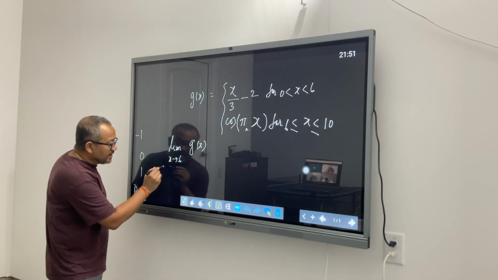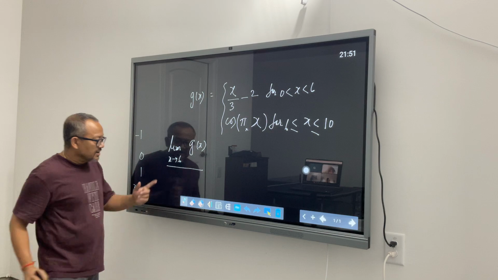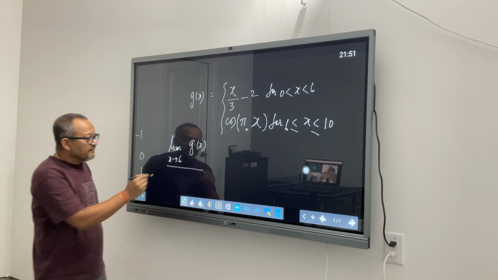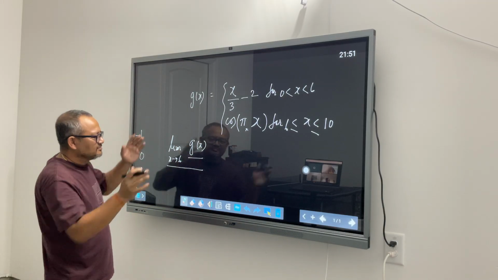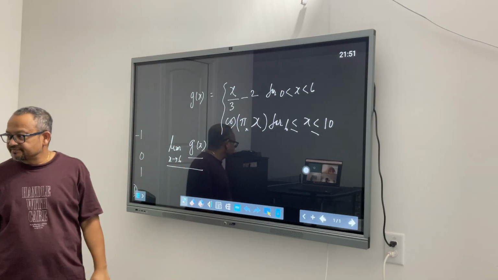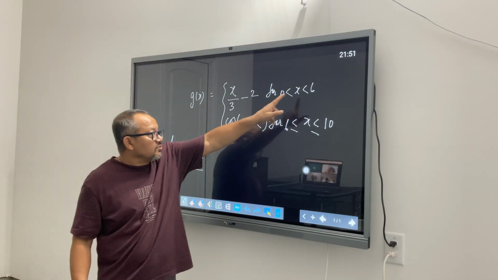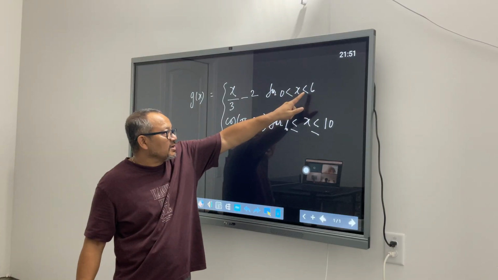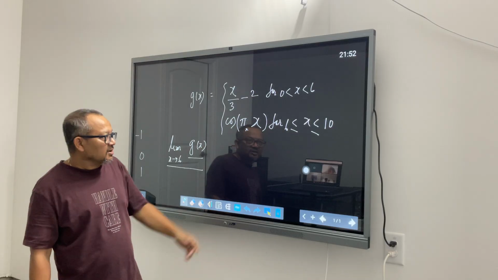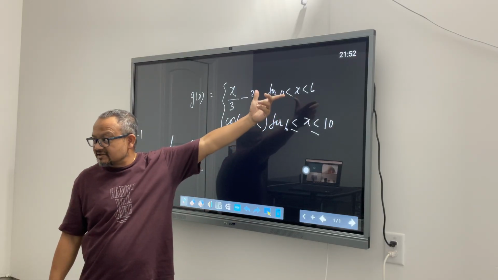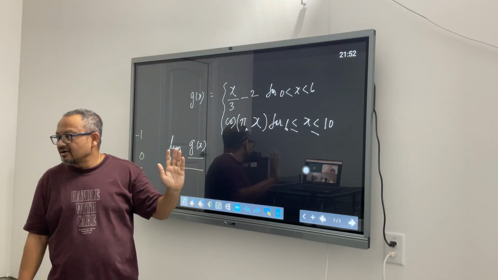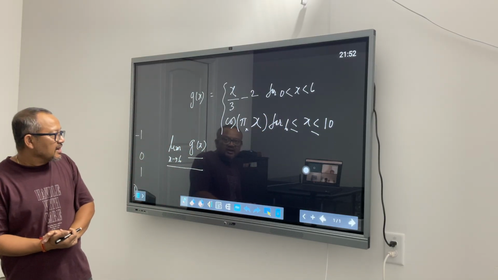It is asking us to find the limit of g of x as x approaches 6. Now here we have two flavors. One is when x is approaching from the negative side, or when x is less than 6, and the other flavor is when x is coming from the positive side. Wait, I take it back.